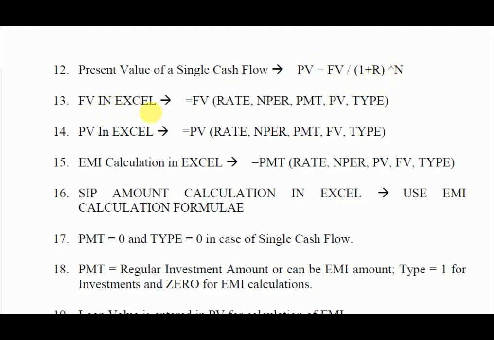Future value in Excel equals FV(rate, NPER, PMT, PV, type). Present value in Excel equals PV(rate, NPER, PMT, FV, type).